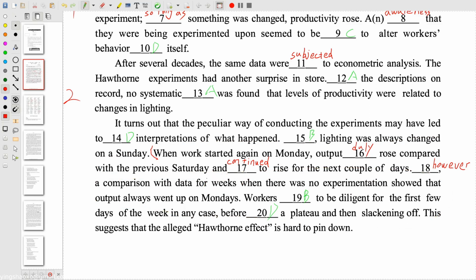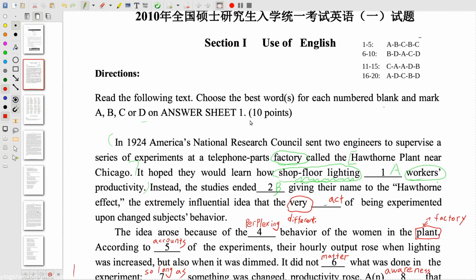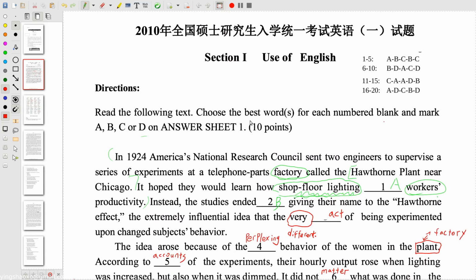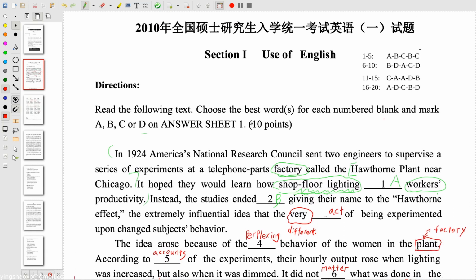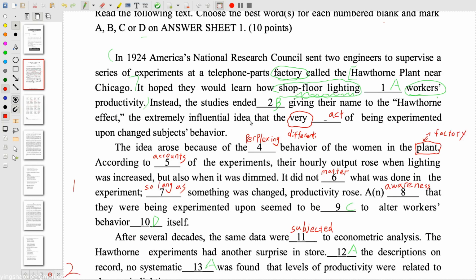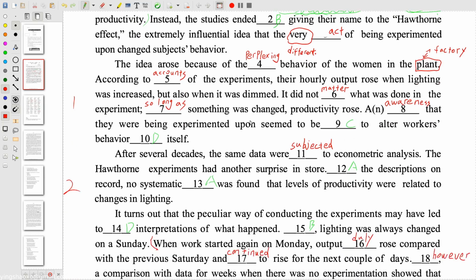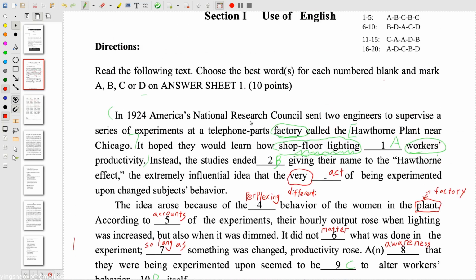So, to be honest, the article itself has no knowledge included. I cannot say anything useful about this article. The only use of this article might be to test if you have a strong understanding of the English language itself. I guess that's the only reason why this article would appear in this exam.